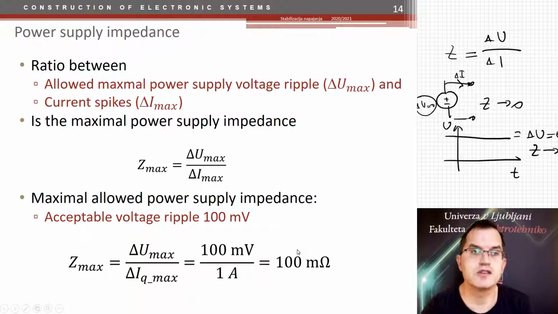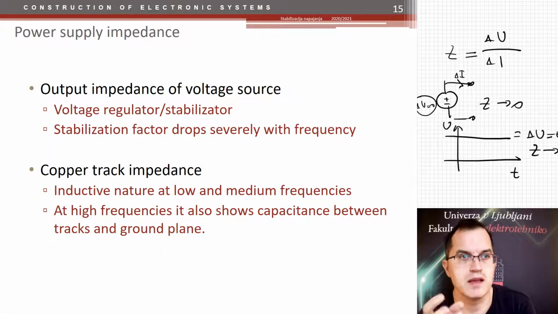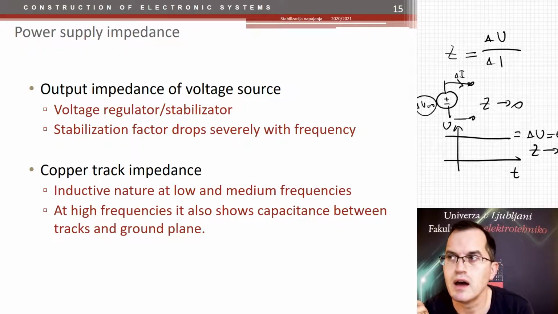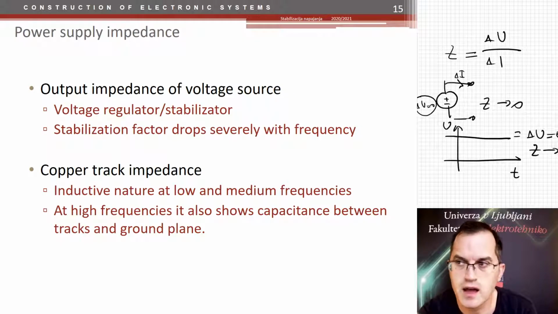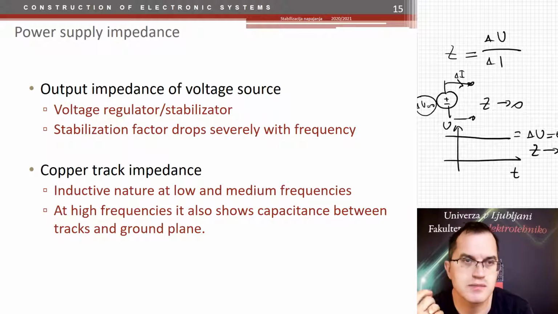So the next question is, how do we achieve that? Well, there are two main parameters defining the impedance of our source: the voltage source itself and the tracks. And the voltage source is usually a voltage stabilizer or a regulator, or it has some sort of a stabilization network inside the chip which has a frequency limited operation.